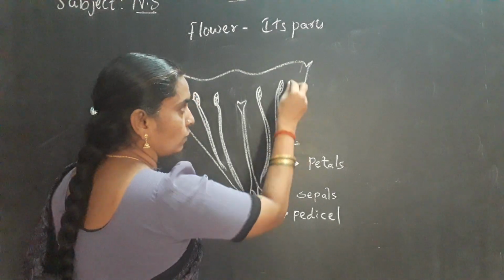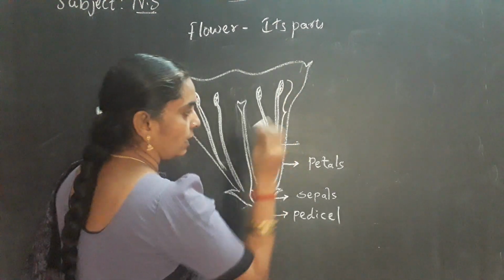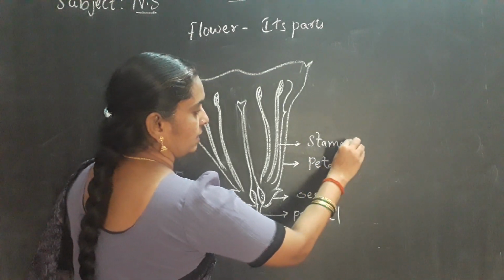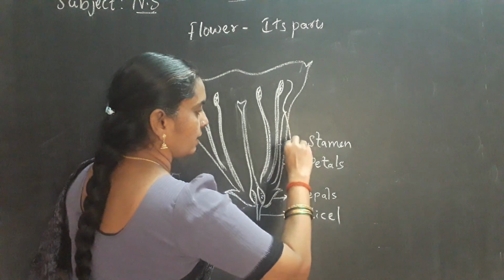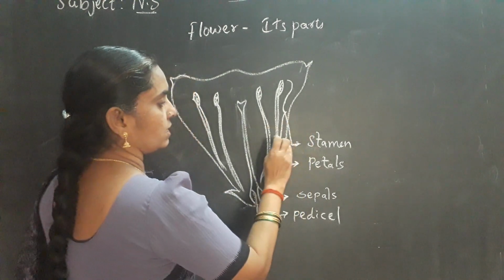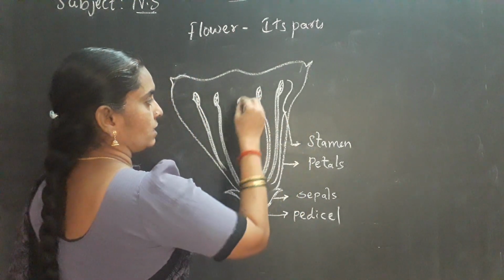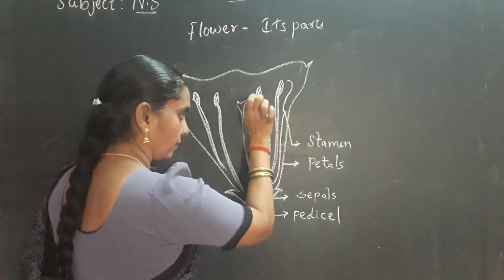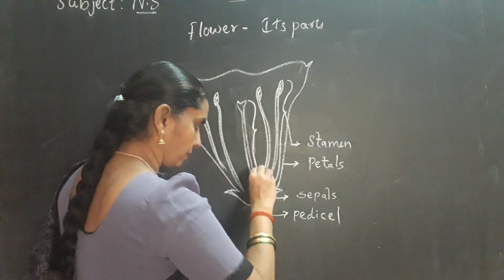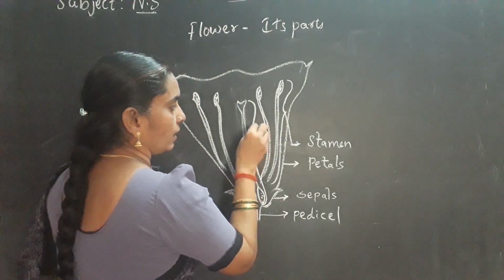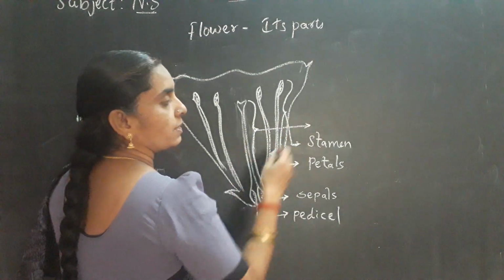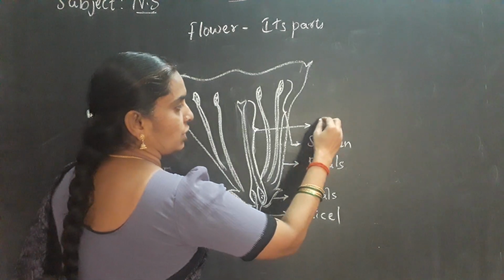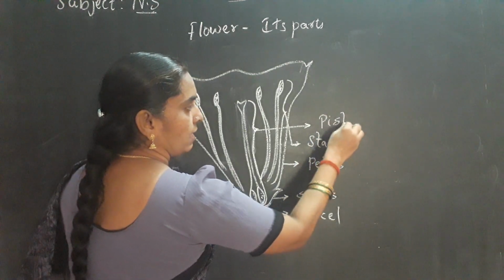This part, completely from here to here, includes the stamen. This is the stamen, children, and this part up to here is the female part, gynoecium, which is also called pistil.